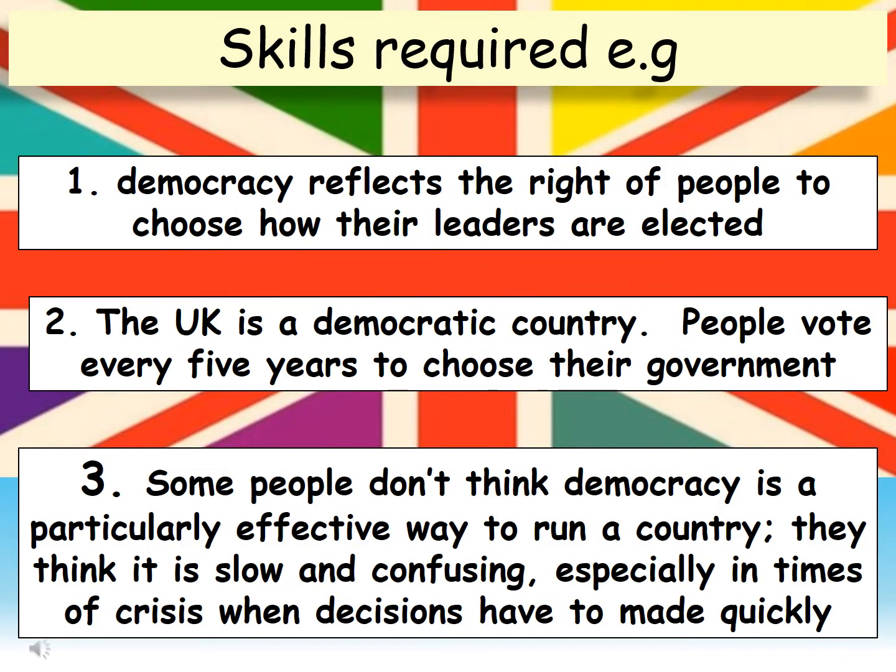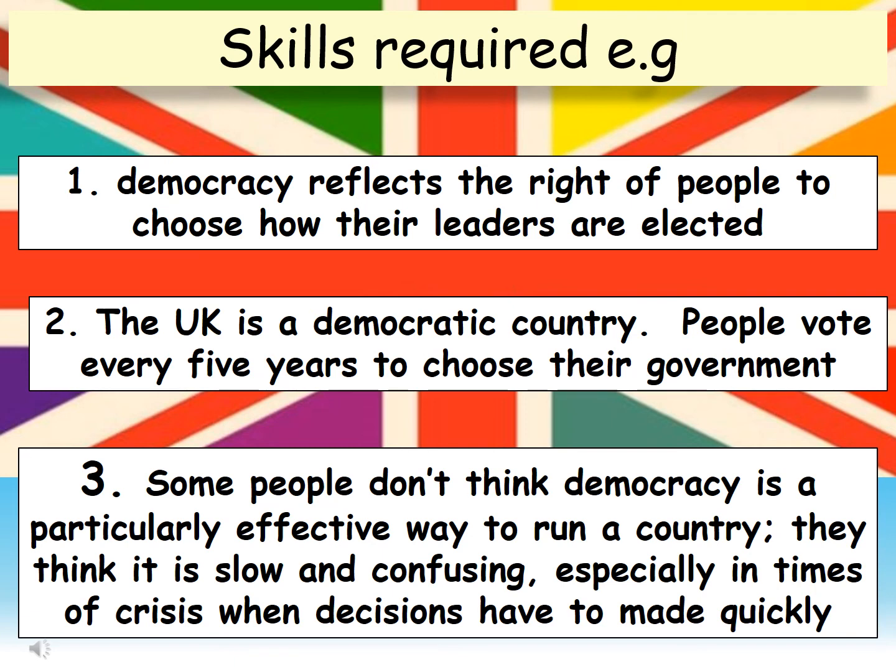You might, for example, have to learn a new word such as democracy. You then have to explain what it means. And finally, you then perhaps use the word democracy and analyze its effectiveness.